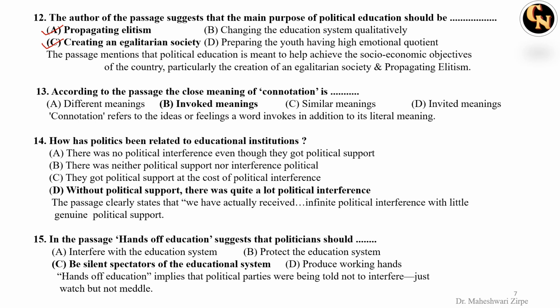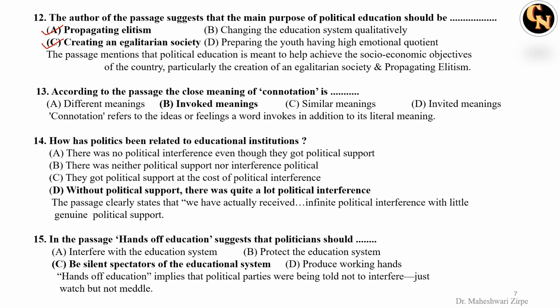What do you mean by elitism? Elitism, as you know, elite means something other than the common people. So it tries to propagate the elitism, and the second is trying to create the society which is having what? Egalitarian society. That means what? Egalitarian society means basically a society in which all members have equal rights, opportunities, and access to the resources.